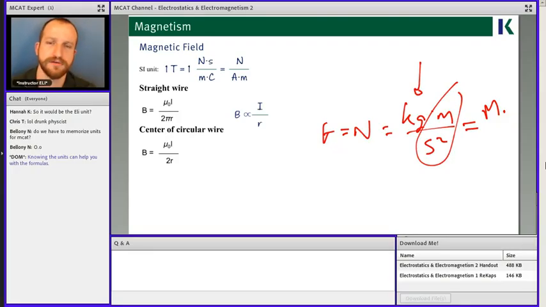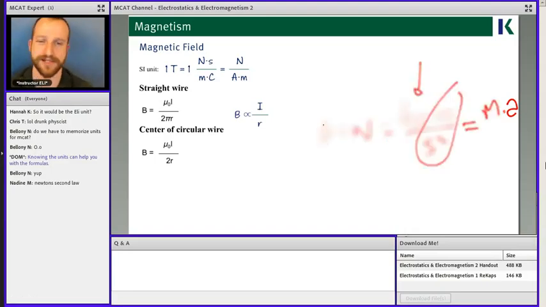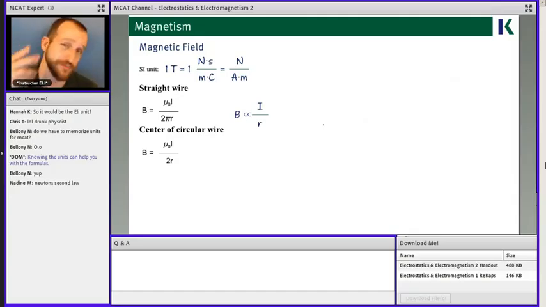So F equals ma? That sound familiar? I mean, the units have told me that's what the formula should be, but this looks pretty familiar. That's why we should memorize units, is because units can actually help you derive relationships between variables. Boom! Newton's second law, absolutely right, Nadine, or as we like to call it in the hood, Newton 2.